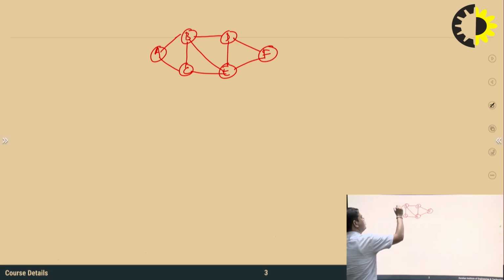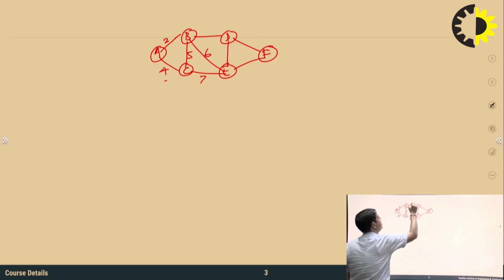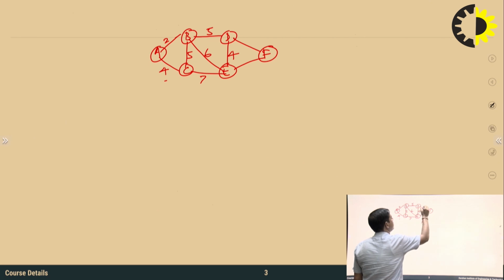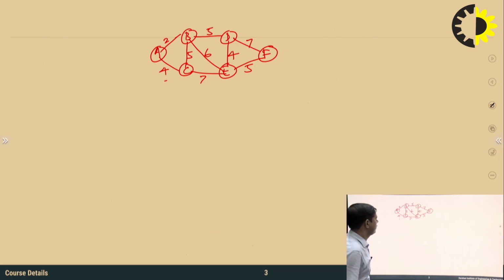And on this edge, weight 2 is given. For example, that is given 4, 5, 6, 7, 5, 4, 7 and 5. This kind of graph is the weighted graph. And with the help of these two algorithms, we have to construct the MST.